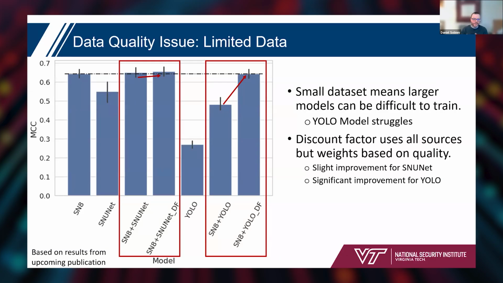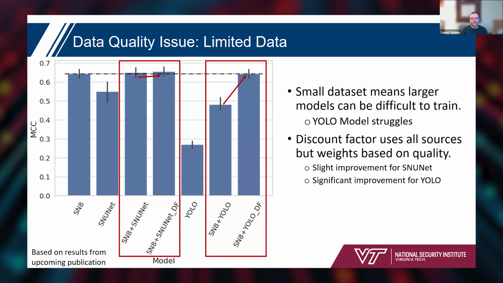These three different models were all trained on the exact same data, and there's different performance between them. And we ended up using the discount factor to help deal with that. So what was the full question again? I think it's just giving an example where the model is found to be the culprit.